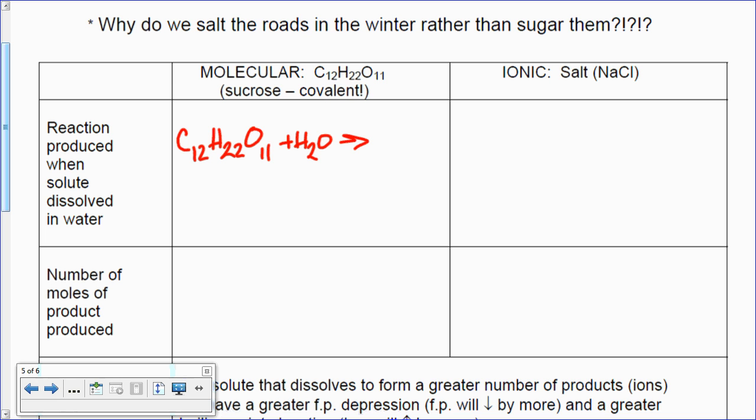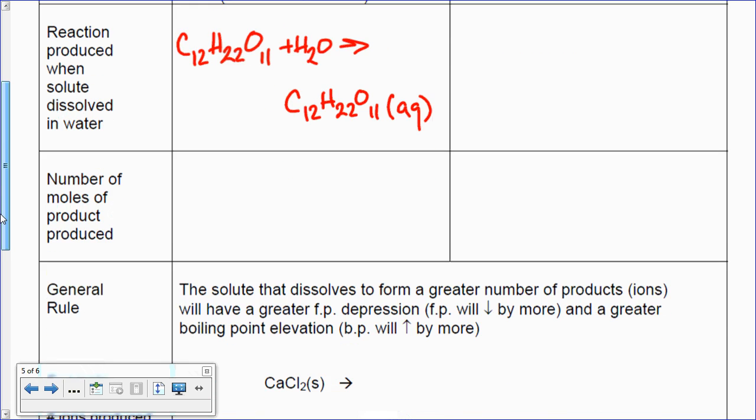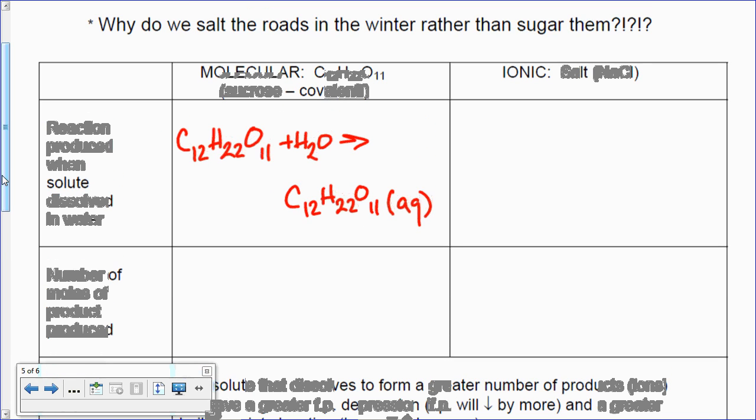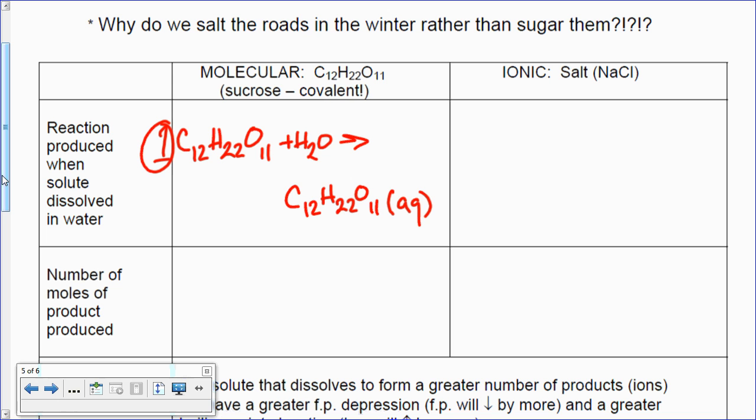I'm going to have to cut this line down here. We just get C12H22O11 (aq), aqueous. So it's just that molecule dissolved in the water. The reaction, the number of moles of product produced. Well, if we had 1 mole of that, we have 1 mole of that.